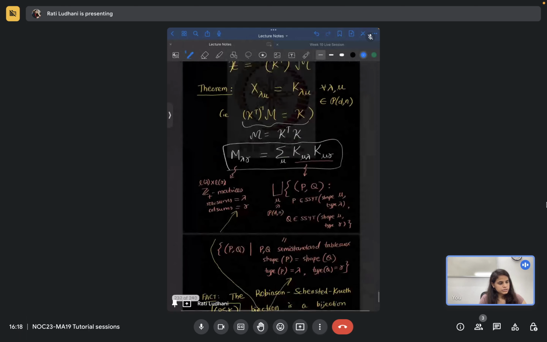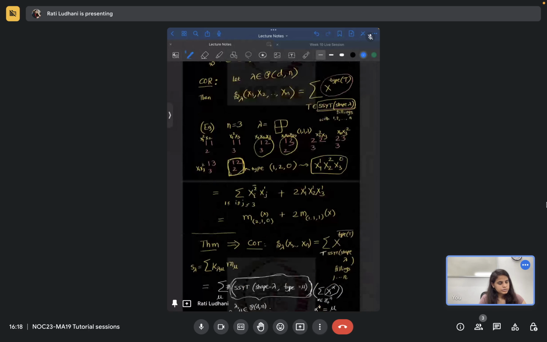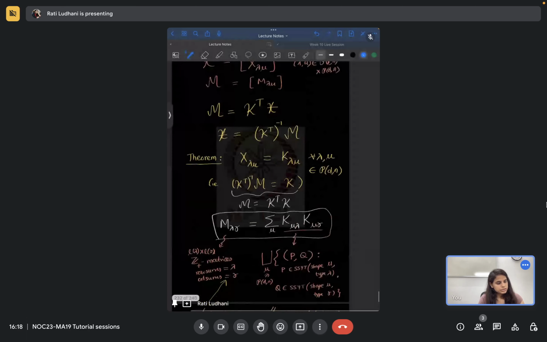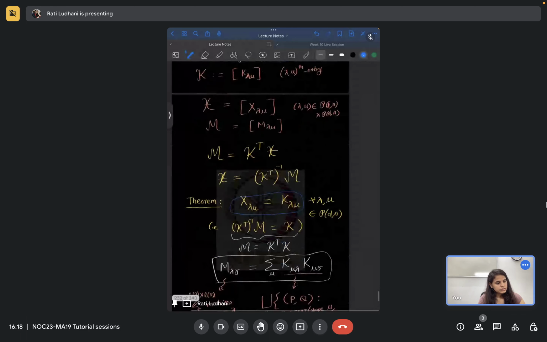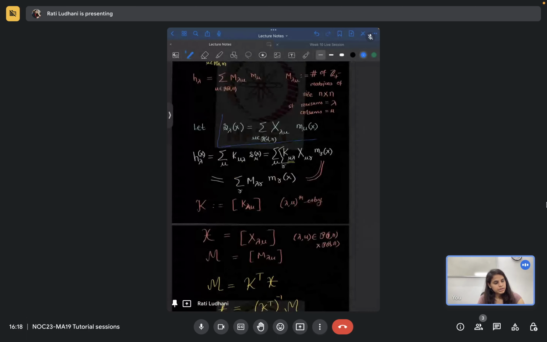This theorem says, this is a corollary, that this value, x lambda mu is equal to k lambda mu, which means s lambda of x is equal to the summation of k lambda mu m mu of x.